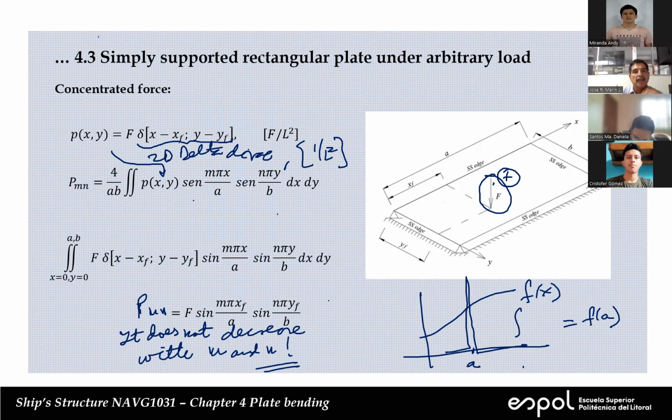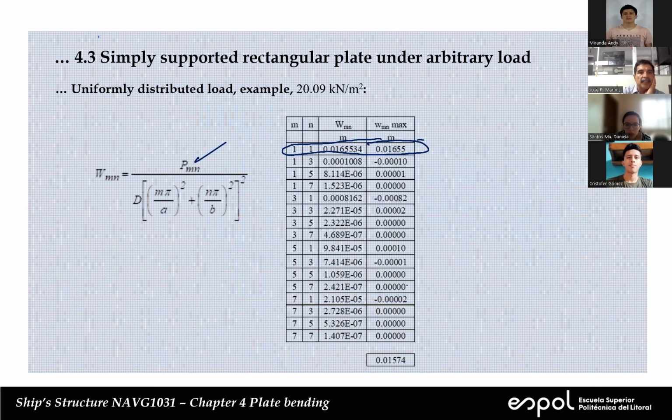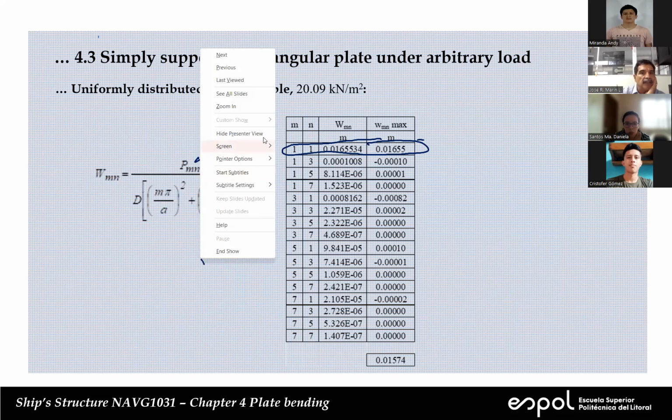And yeah, it makes sense because remember the delta function values infinite at the point of application, okay? But fortunately, remember that we need to estimate WMN, right? So even though PMN doesn't change, right?